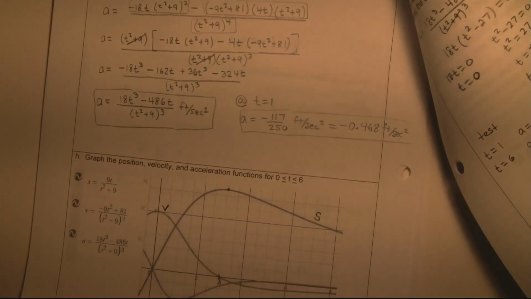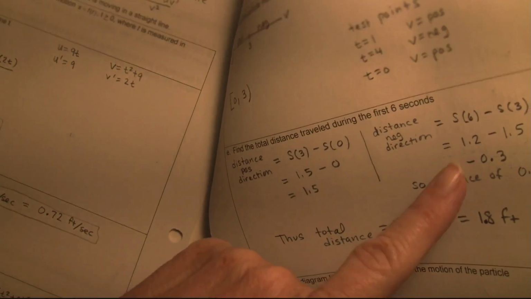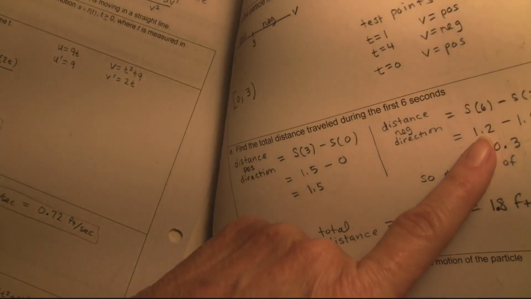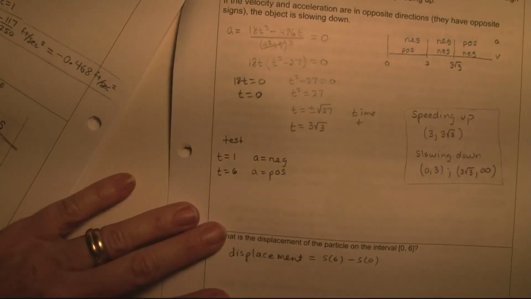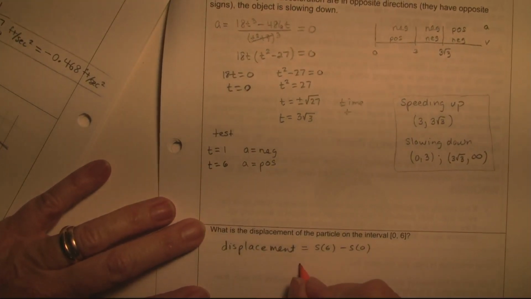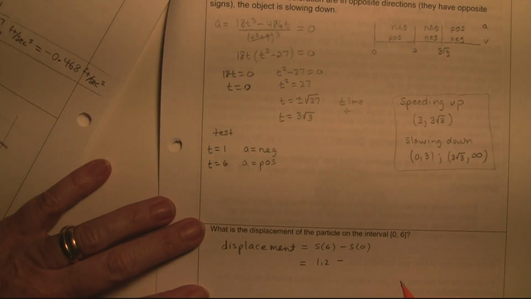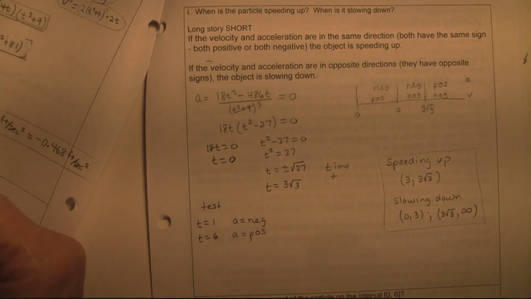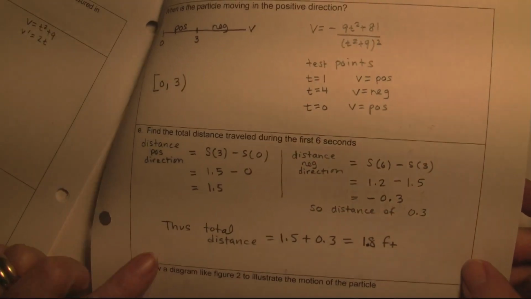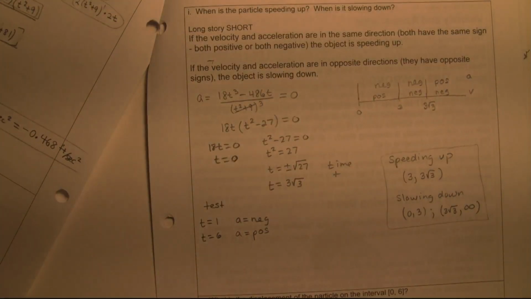Oh, wait, maybe we did. There it is. It was 1.2, so there's no reason for me to put it in the calculator again. So S at 6 is 1.2. And S at 0 was 0. I'm just remembering, but I could go back over here and look it up where I already found it, right? S at 0 was 0. And so the displacement is 1.2 feet.